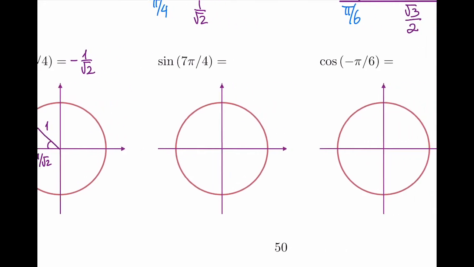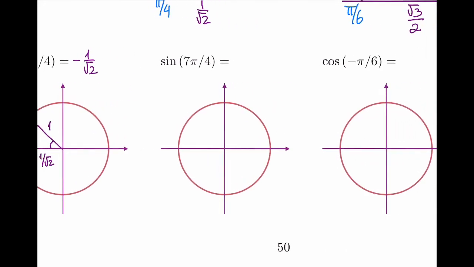Moving along, let's take a look at the next one. So this one is 7π/4s. Again, counting off in π/4s is counting by eighths of a circle. So 1, 2, 3, 4, 5, 6, 7 will land you on this point right here, halfway through the fourth quadrant. And again, positioning your triangle, we can see that I can position it this way, where this is π/4, this is π/4.